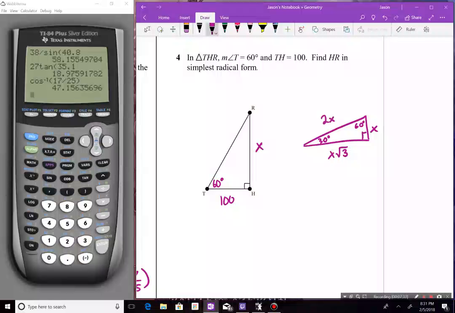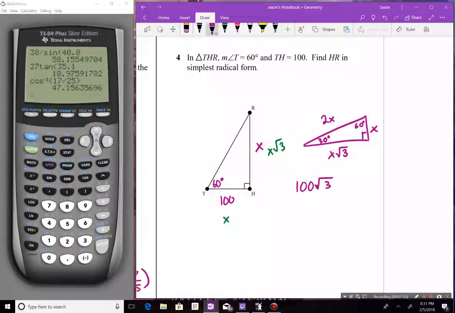So since we have this one, what we have is our short leg. We need to go to our long leg, so we need to go from x to x square root of 3. So what we're doing is multiplying by the square root of 3. So we do 100 times the square root of 3.